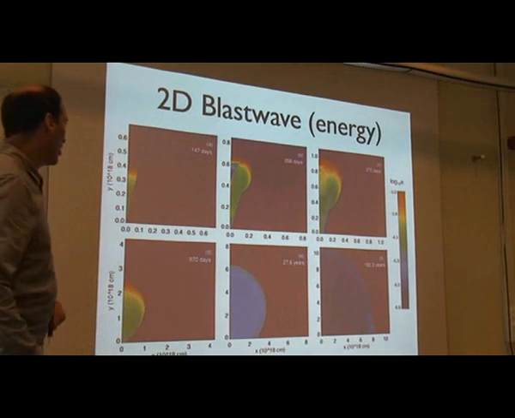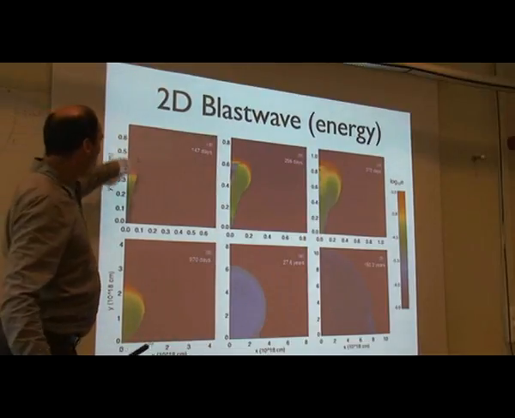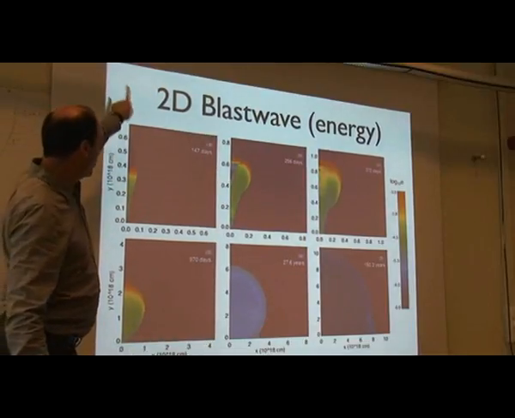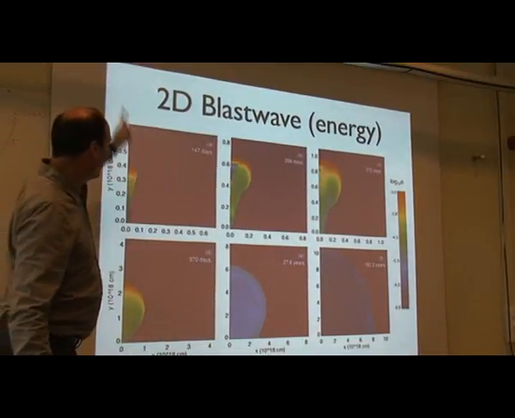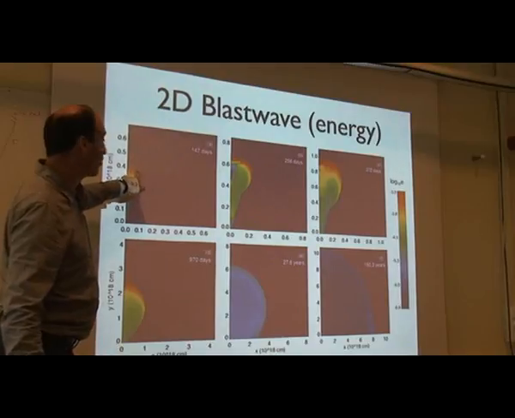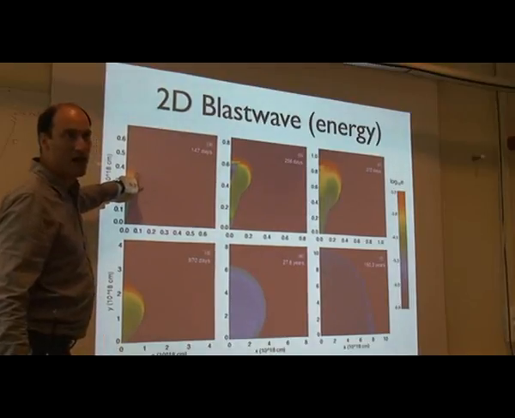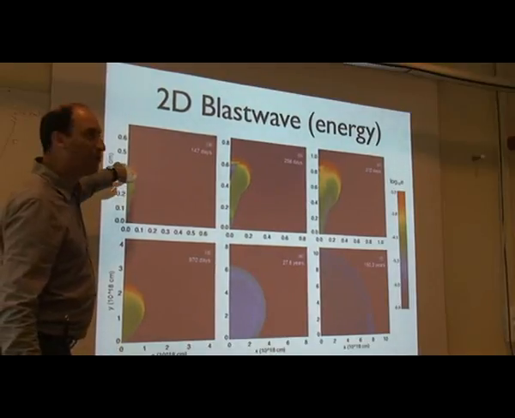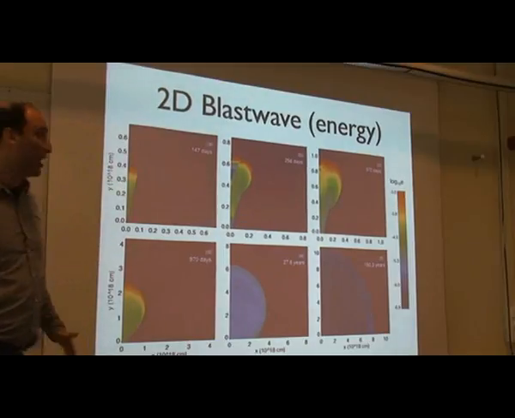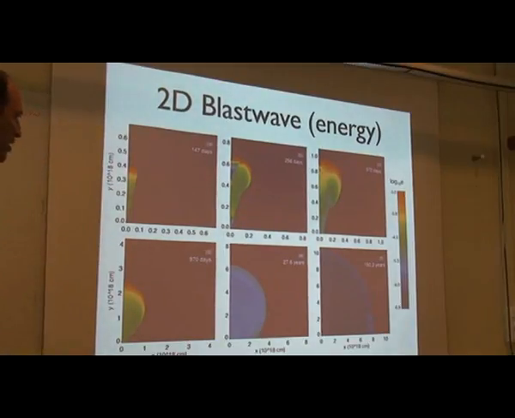And in particular, if you're off axis, the light travel time to the observer is longer. So at a fixed observer time, you're seeing the blast wave at an earlier time when it was higher energy. So it's kind of limb-brightened. All of that's taken into account in these light curve calculations.